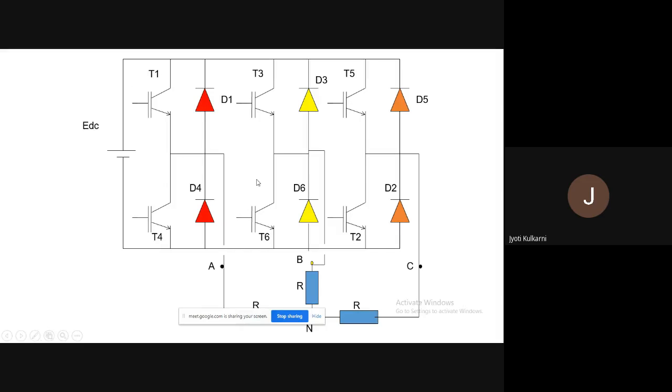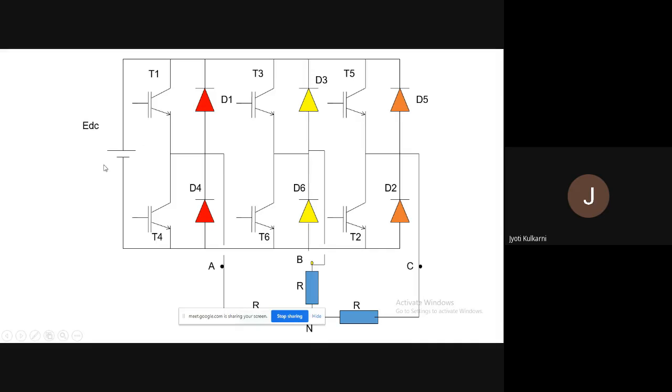Now, the three-phase inverter. In this three-phase inverter, again we have six IGBTs, T1, T2, T3, T4, T5, T6. These are basically transistors. And these are anti-parallel diodes D1, D2, D3, D4, D5, D6. So six IGBTs and six anti-parallel diodes we have used.